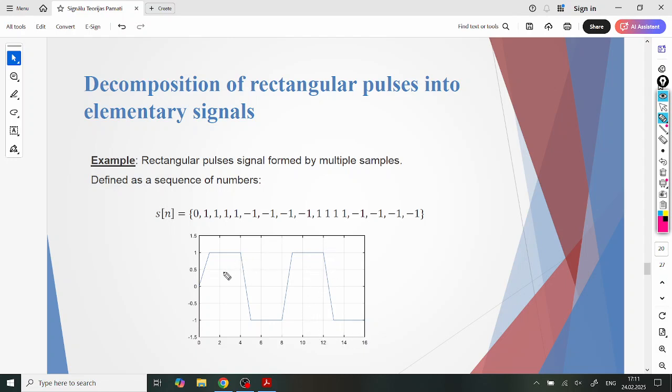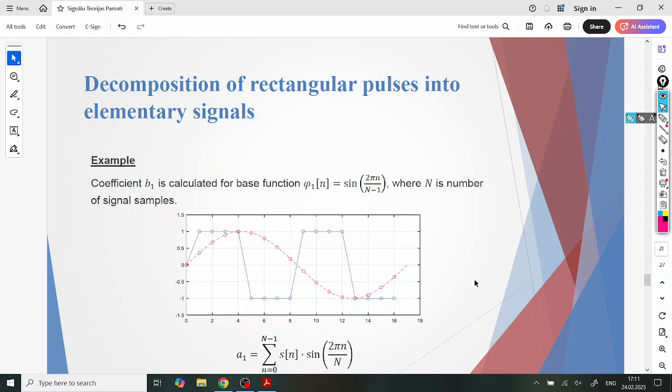And for that signal, now I am going to try to estimate these components, yes? Now, first is to display these samples. So these points are specifically shown here: +1, +1, +1, -1, -1, -1, -1, +1, +1, +1, -1, -1, -1, yes? And the red line is this base function for which we try to estimate this component.